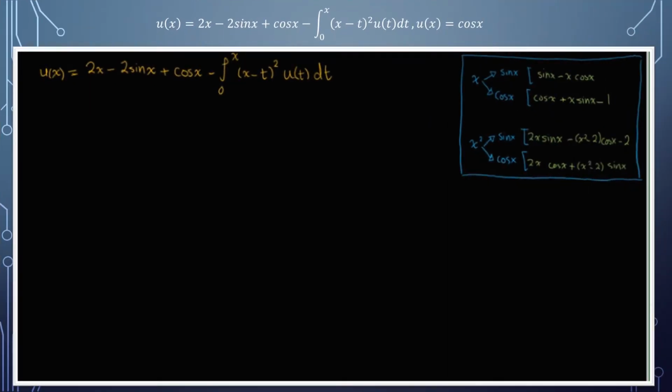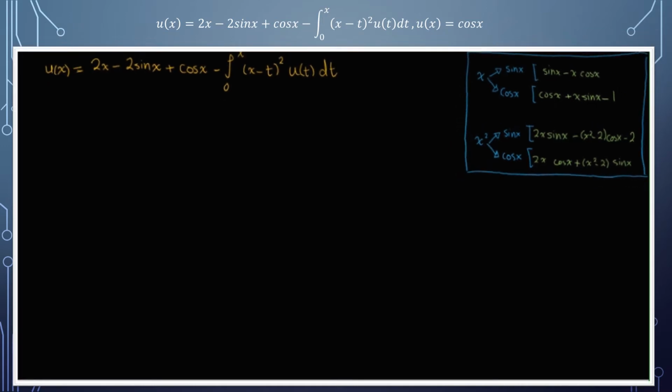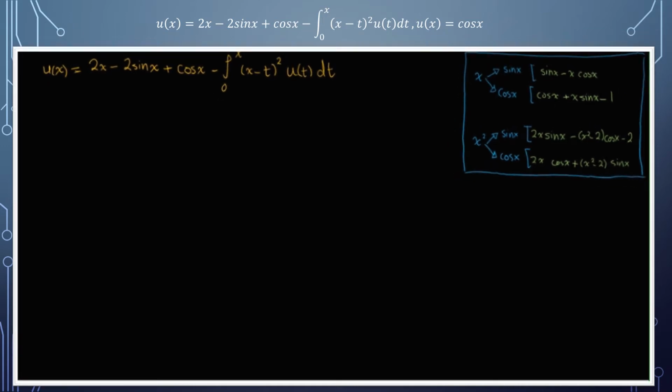That's the second example. Okay. We have also to use the same method, which is called the Adomian Decomposition Method. The first step is we write u of x as a summation of un of x, where n goes from 0 to infinity.